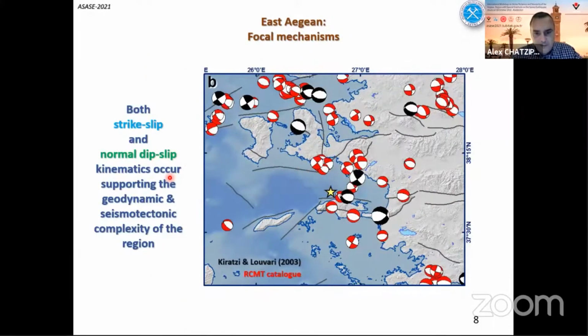As mentioned before, the area is characterized by both strike slip and normal slip faults, as shown by the various focal mechanisms here. They are from Kiratzi and Louvari 2003, and this is due to the concurrent operation of strike slip and normal faults in the area.